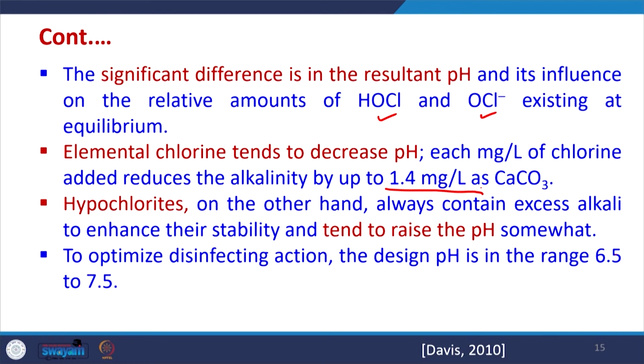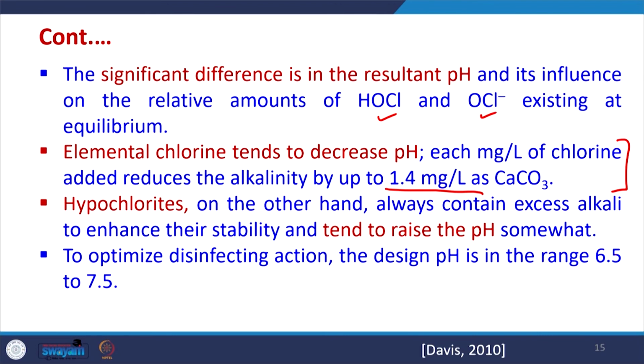as CaCO3. This is very important information: there will always be a pH decrease when we use elemental chlorine. Hypochlorites, on the other hand, always contain certain excess alkali to enhance their stability, and they tend to raise the pH somewhat.